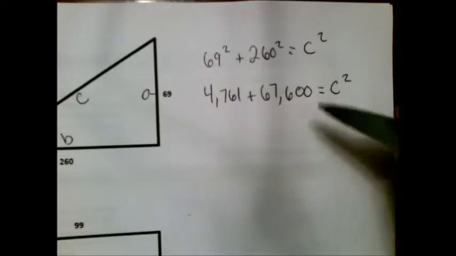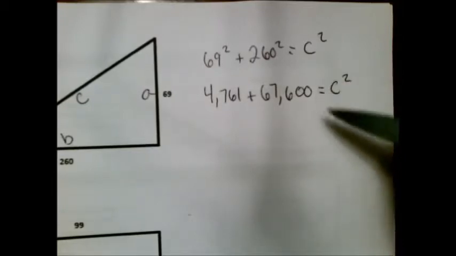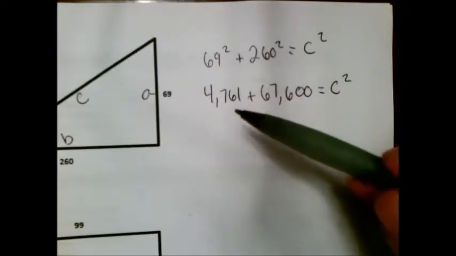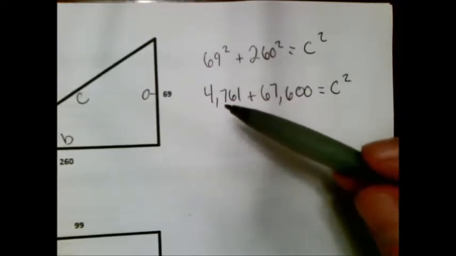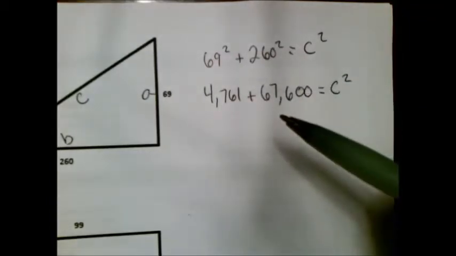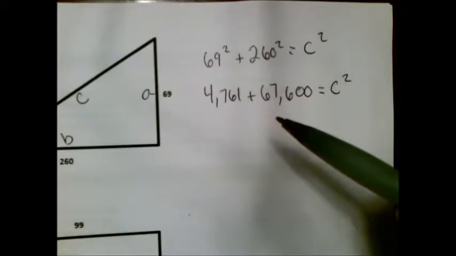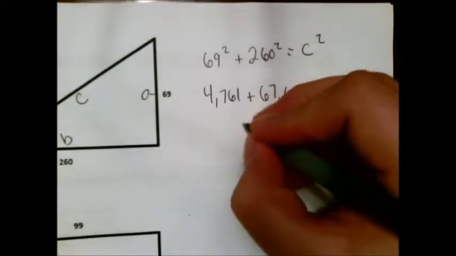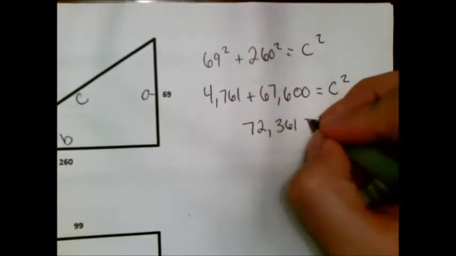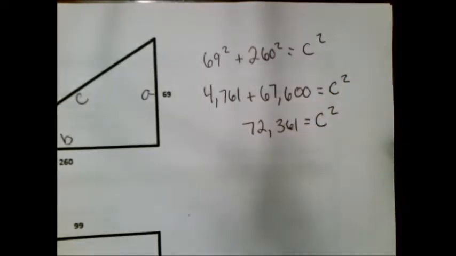Okay. This time, because we don't have a number over here, we're not going to be subtracting anything from over here. We're just going to do what we've been doing, kind of skip a step a little bit though. We're going to add these two things together, because that's what it tells us to do. And you should get 72,361 equals C squared.